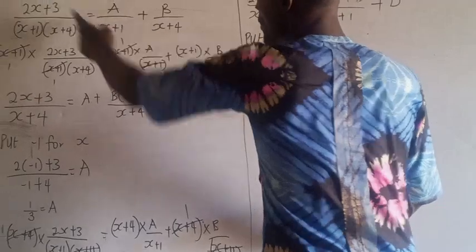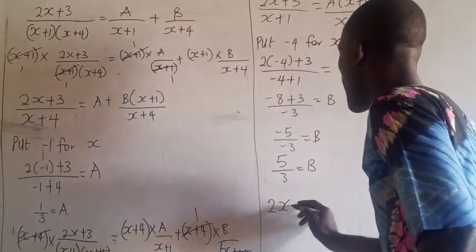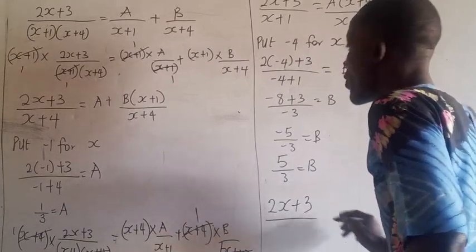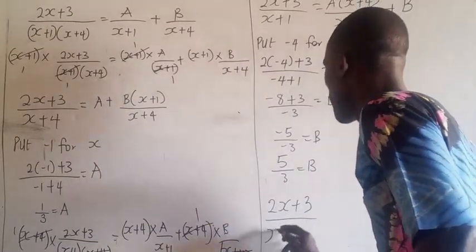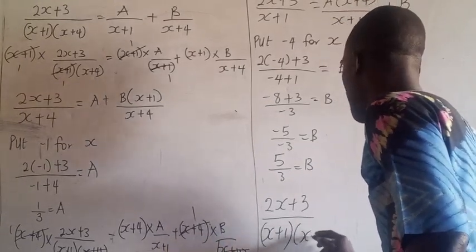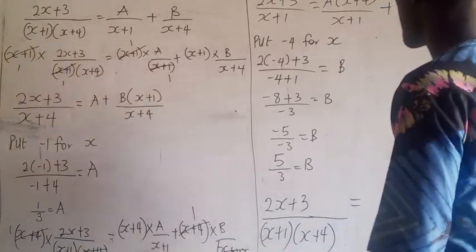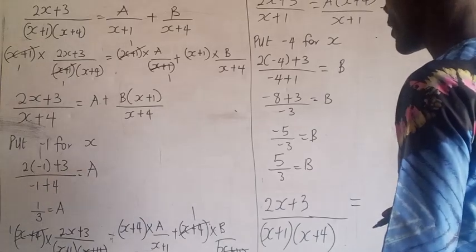Now let us look at what the partial fraction of that compound fraction will look like. This is the compound fraction, (2x + 3) over (x + 1)(x + 4), equals our A. What did we get for A?